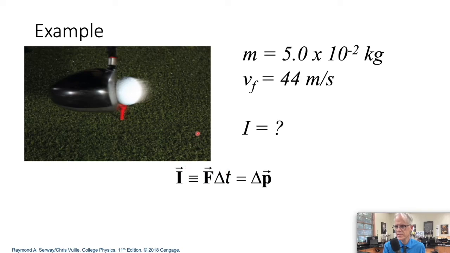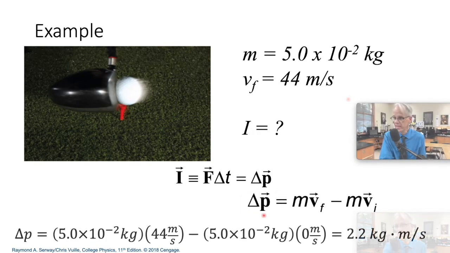The impulse is the force times the time. Now, do we have the force? No, we don't. Do we know how long we're in contact here? No, we don't either. Can we find the change in momentum? Well, if it was at rest and then it went to 44 meters per second, we certainly can. Our change in momentum is the mass times the final velocity minus the mass times the initial velocity.